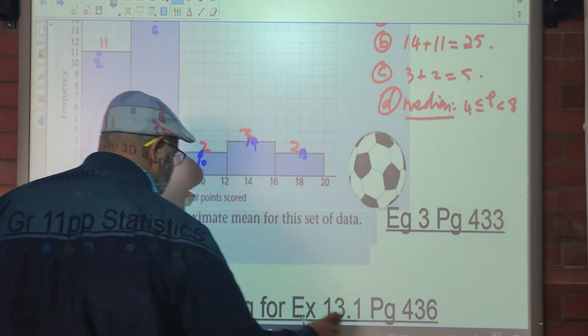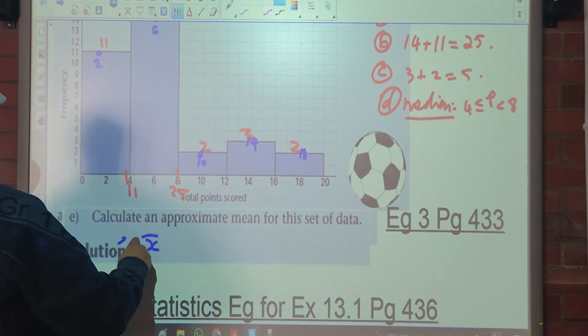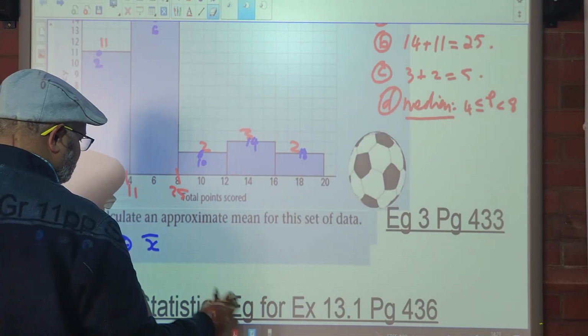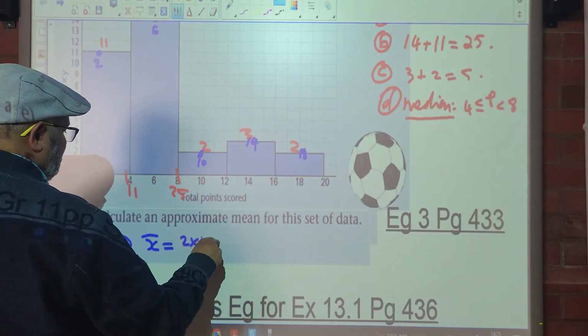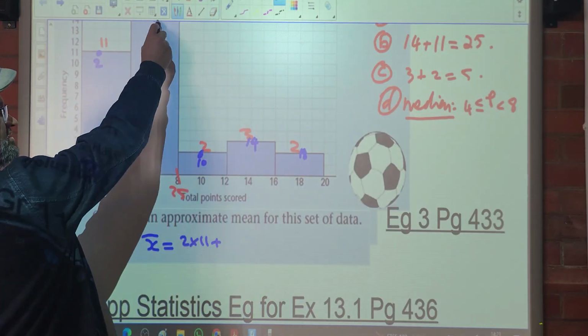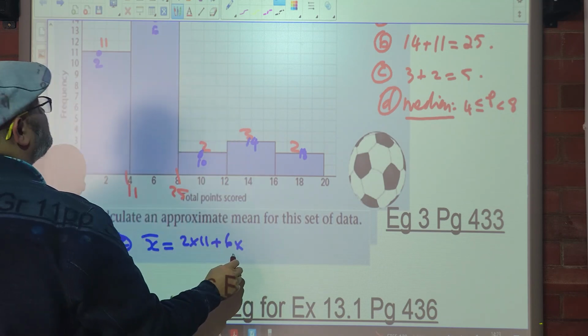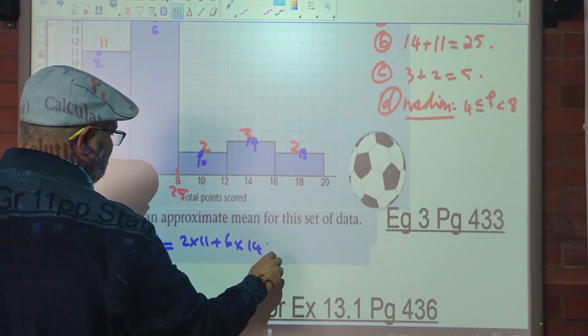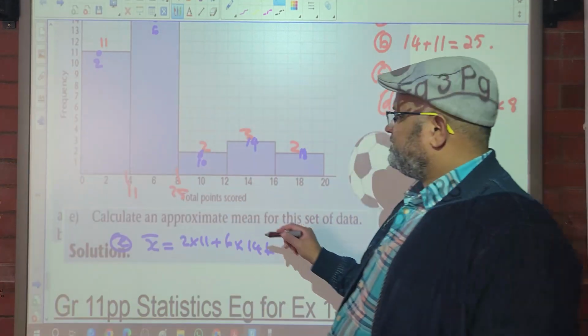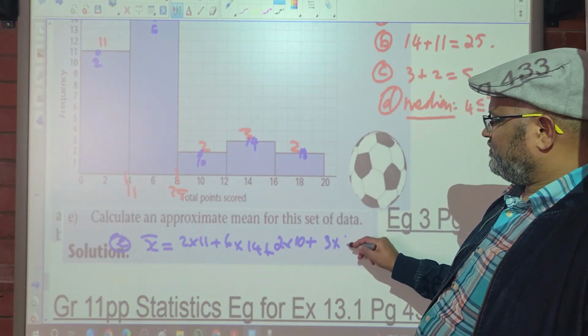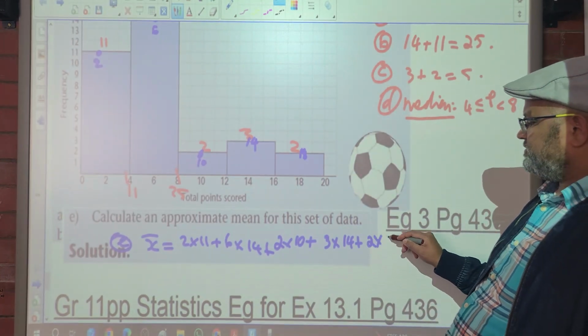So again, the mean is going to be 2 times 11 plus 6 times 14 plus 10 times 2 plus 14 times 3 plus 18 times 2.